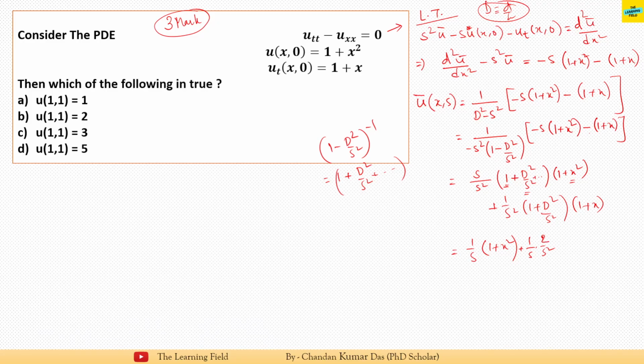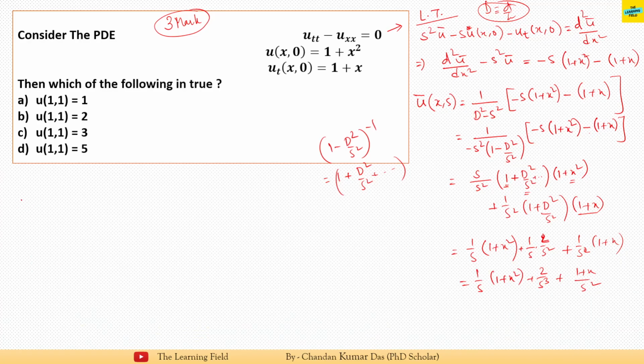So 2 by s cubed. The other term gives only this term, because if we apply a derivative two times, it gives 0. So 1 by s squared into 1 plus x. So this is equal to 1 by s times 1 plus x squared plus 2 by s cubed plus 1 plus x by s squared.